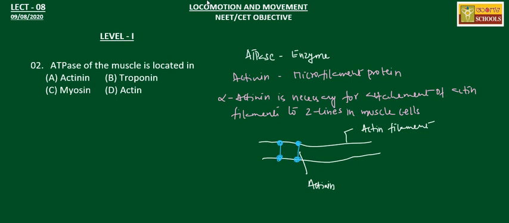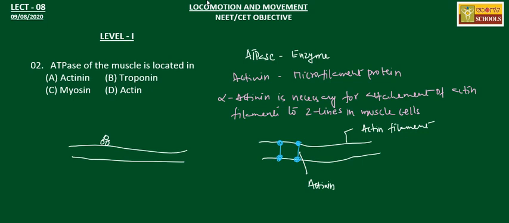Now coming to the next, troponin. In the case of actin, it has two F actins along with two tropomyosins, and attached on the tropomyosin you will find the troponin. This troponin has different subunits, which we'll see later.